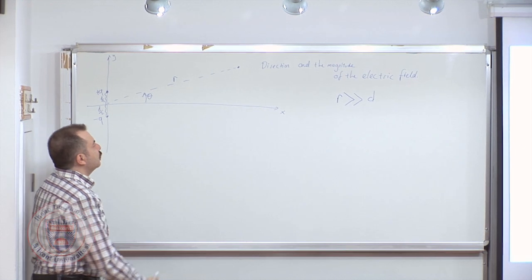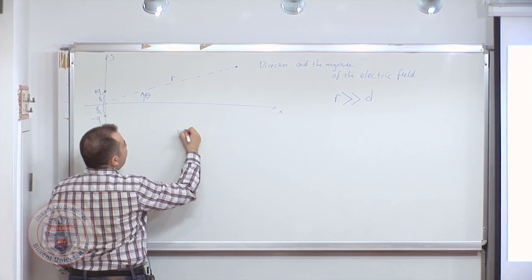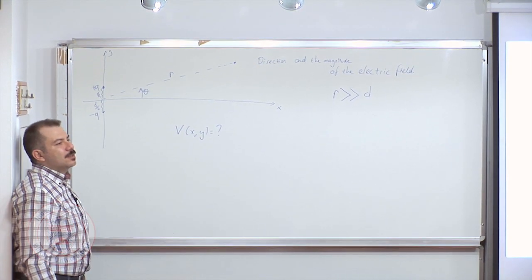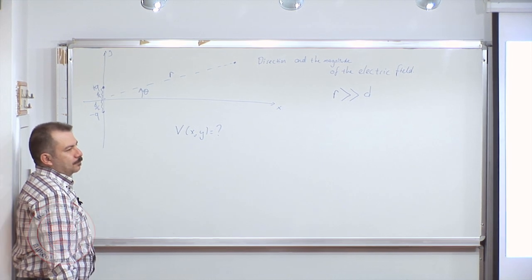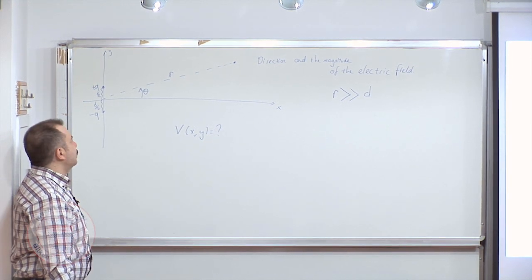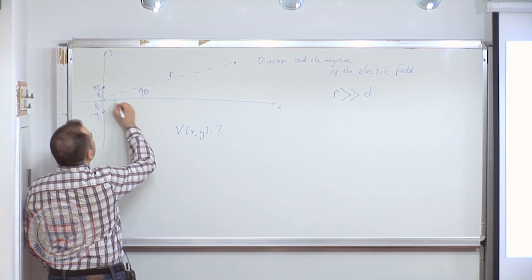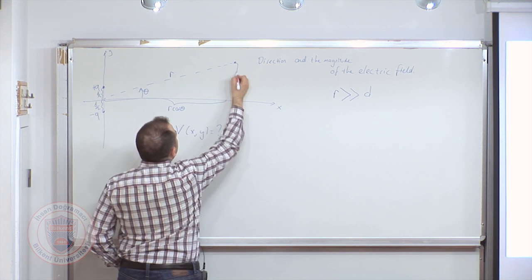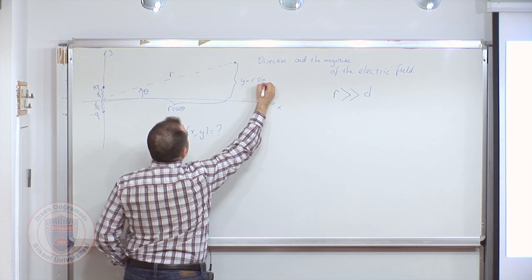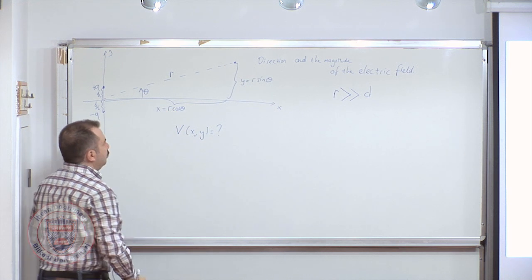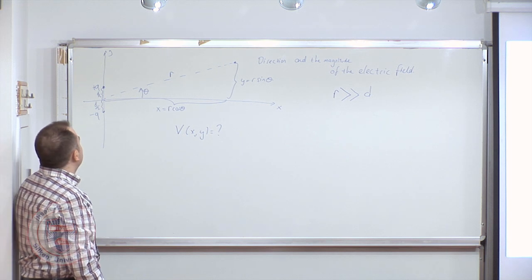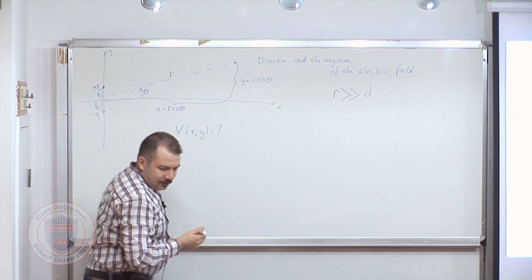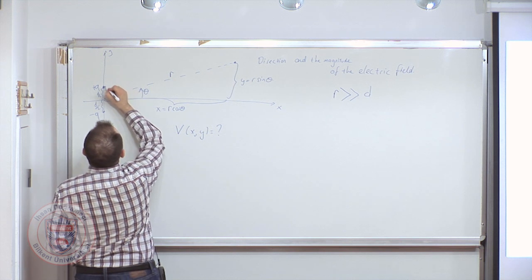I'll actually say, hey, let me first calculate the potential created by these charges. Can I do that? Yes. So x will be r cosine theta, y will be r sine theta. Now what is the potential created by the plus charge?